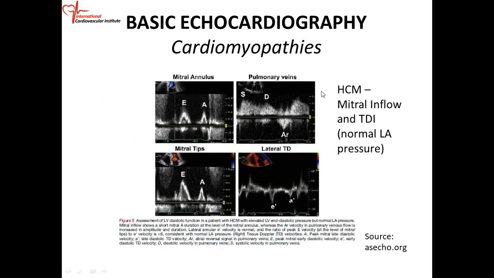So these are some of the features. This is the mitral annulus velocity, E prime, okay? Someone who has a cardiomyopathy may have a restrictive pattern.